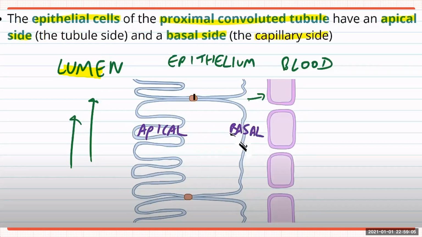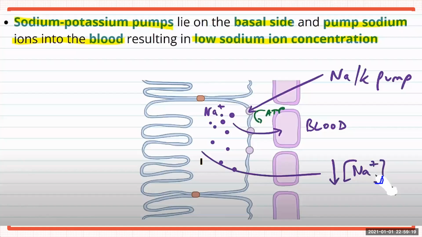You can see that the adjacent cells are connected through these tight junctions, so there's no gap between these cells. Okay, so these sodium potassium pumps you're going to find along the basal side, right? Because we need to transport this sodium through active transport from these epithelial cells into the blood. So we have a lot of mitochondria in this place. So these are sodium potassium pumps, right?